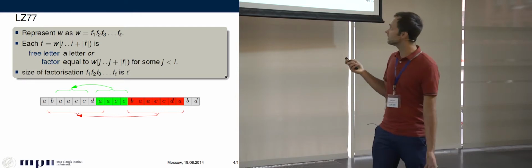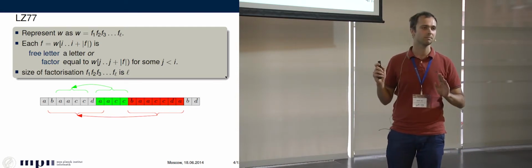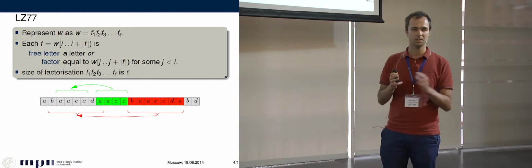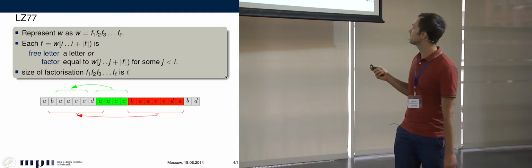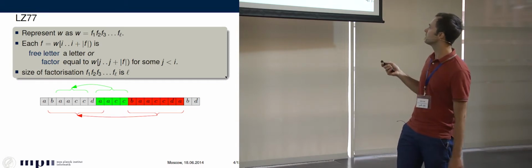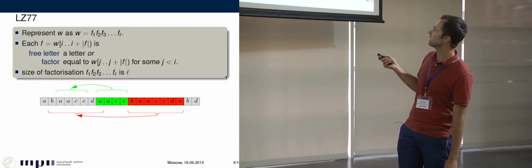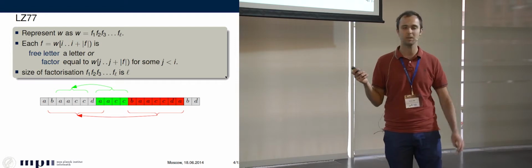The size of such a factorization is just the number of factors that you are using. Whether this is just a single letter or a very long block, we treat it as size 1. So for instance, for this word, this is actually the smallest factorization. Whether this A is a factor or a free letter doesn't matter because this is size 1 anyway.